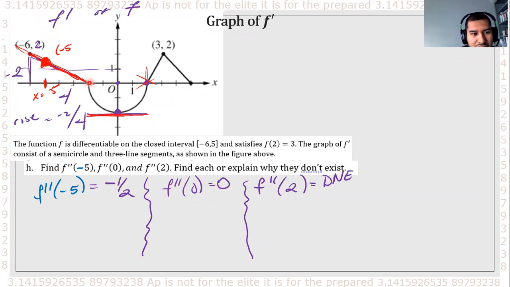So how do I find the slope of that line segment? We learned it in middle school. Pretty much the easiest way was to count the rise over the run. So it was a height of 2 and 4, but it's going downward. So it's -2 and run 4. So I did -2 over 4 and I reduced it to -1/2 as my slope for that line segment that includes -5.